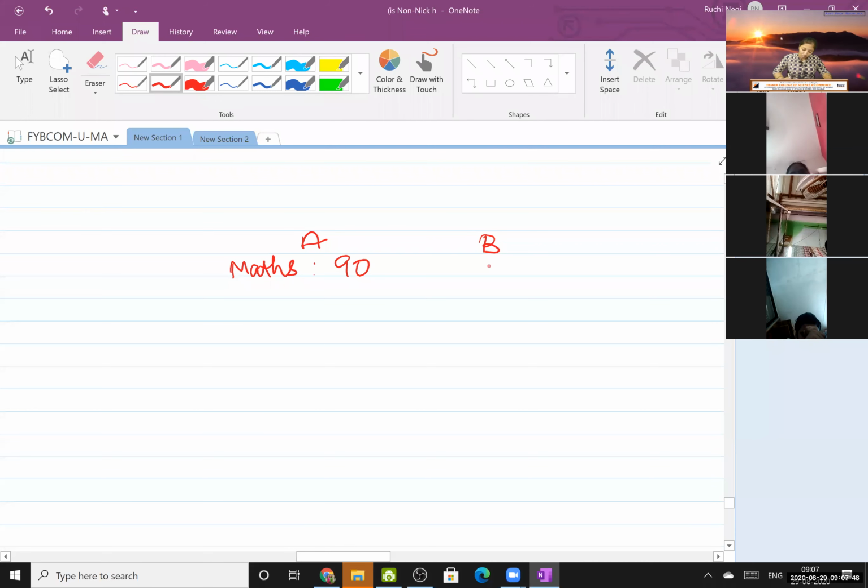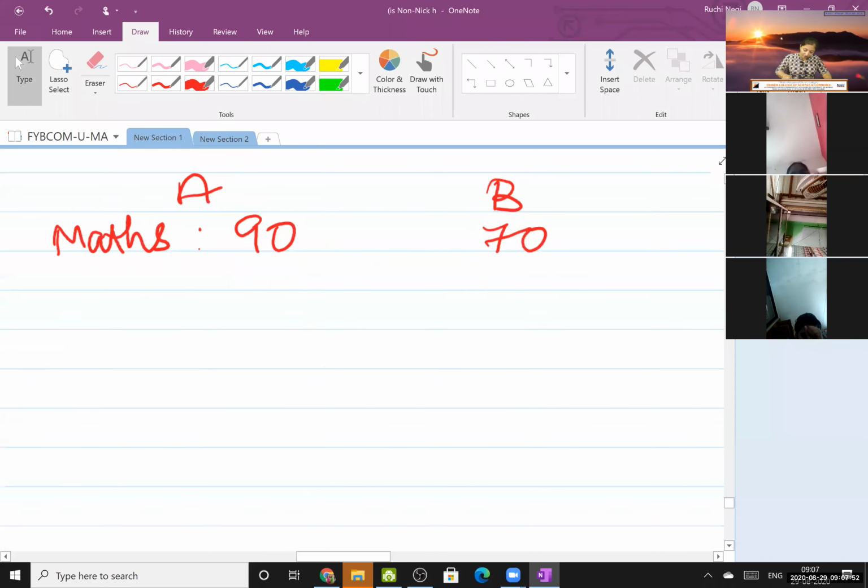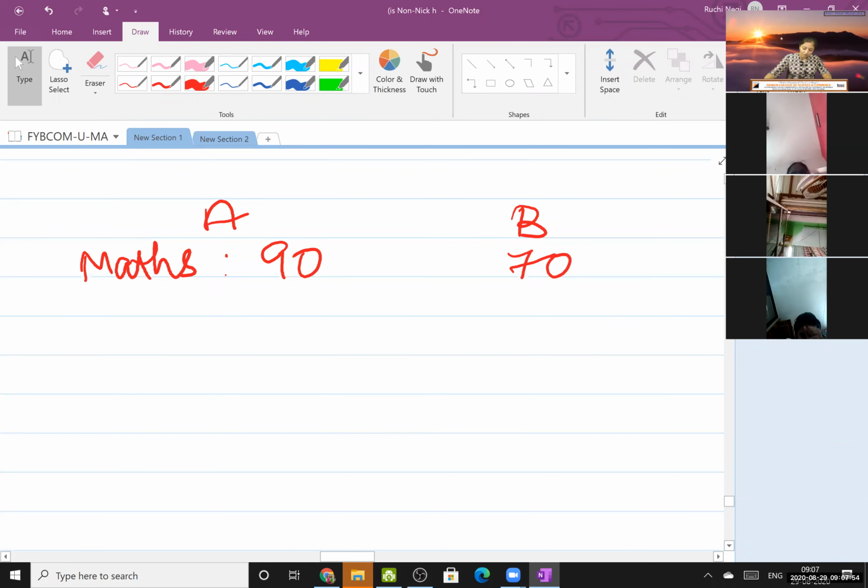Student B scores in maths 70 out of 100. And say another subject, say accounts. Accounts में student A को आए 100, B को आए 95.